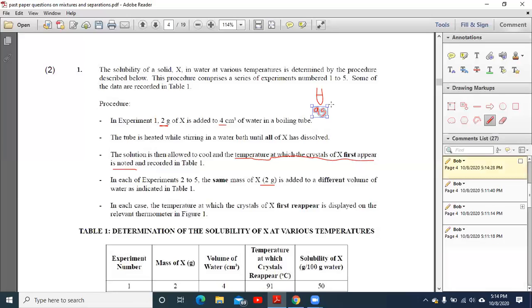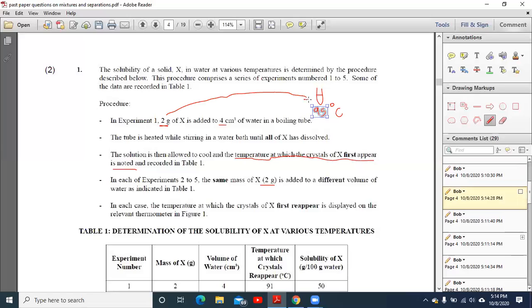This is just for explanatory purposes. This is not the exact temperature that you would have used. And you have all of your 2 grams in that test tube being dissolved. What we are to assume is that this solution heated at this temperature is an unsaturated solution.